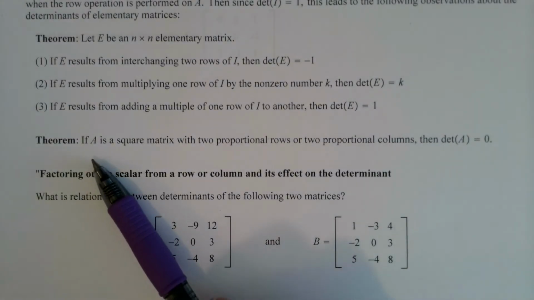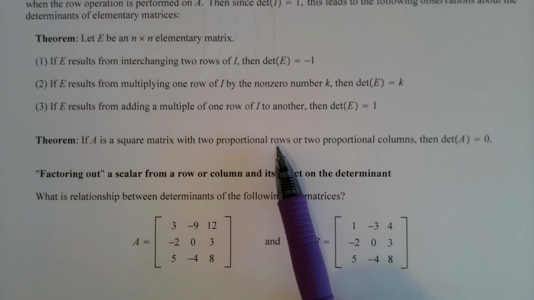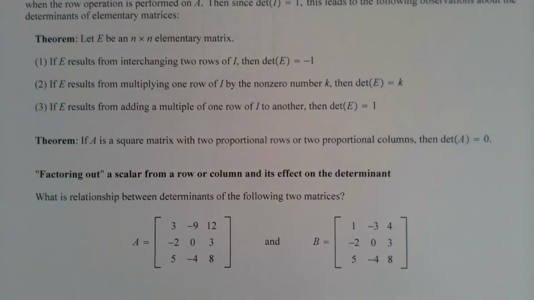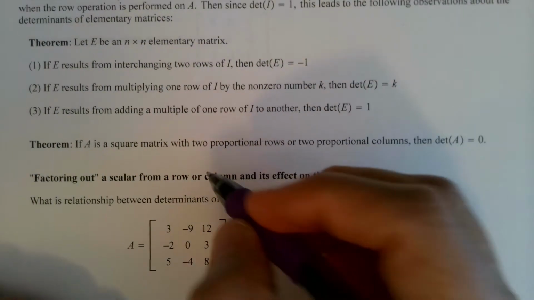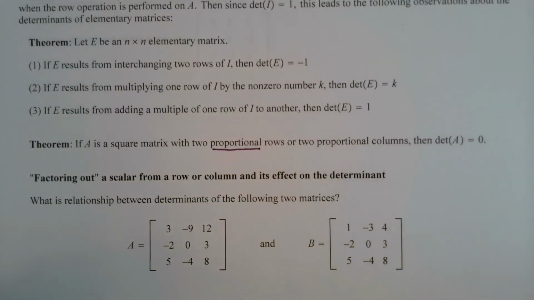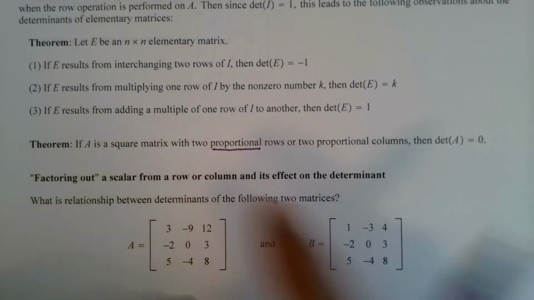Here's a theorem which I'm going to state without proof here, but we'll talk about the proof. If A is a square matrix with 2 proportional rows or 2 proportional columns, then the determinant of A is 0. So what are we saying? What are proportional rows or proportional columns? Proportional rows means that one row is just a constant multiple of another row.